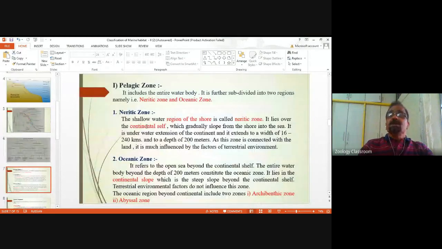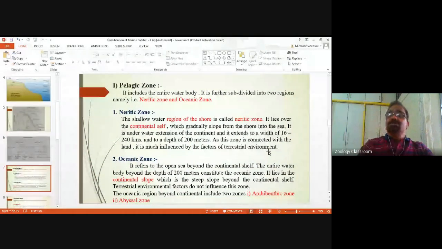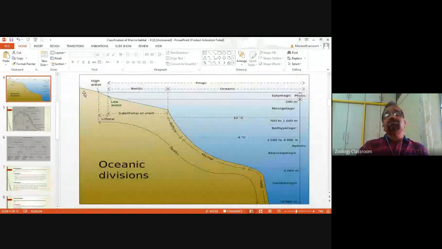Now this zone, as it is connected with land, is much influenced by the factors of the terrestrial environment, of course, naturally. Whatever human dwelling is there along the coastal line, the impact of industrialization, the impact of tides, waves and erosion, all this influences this region, this neritic region.